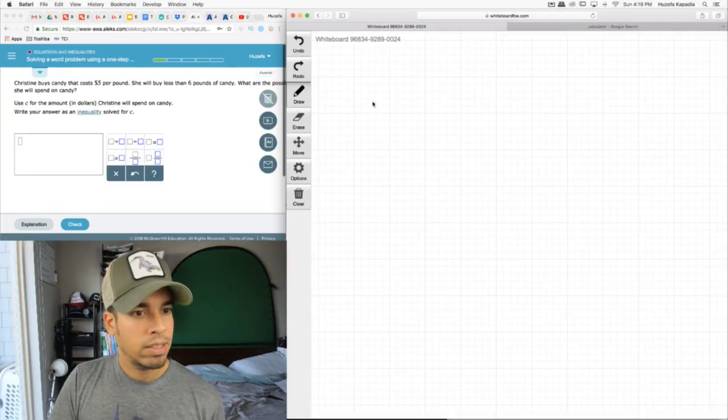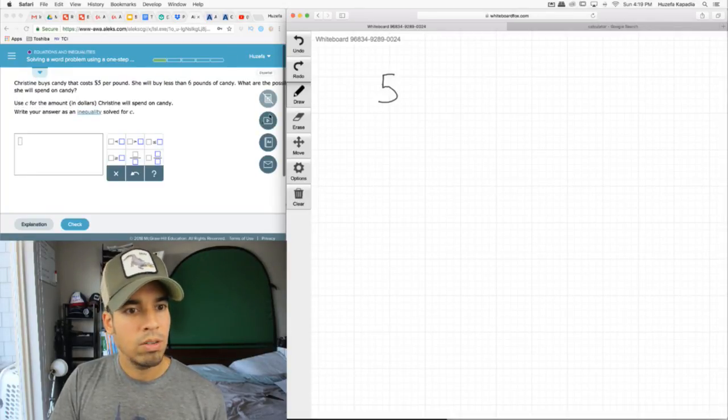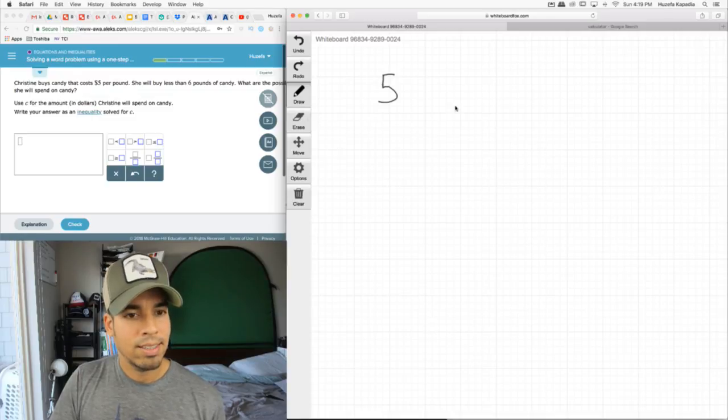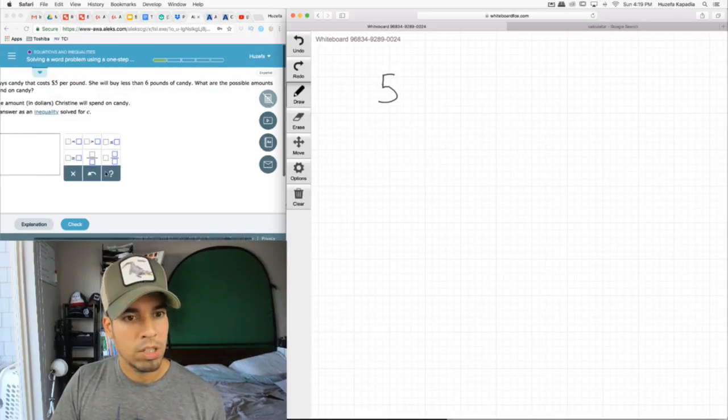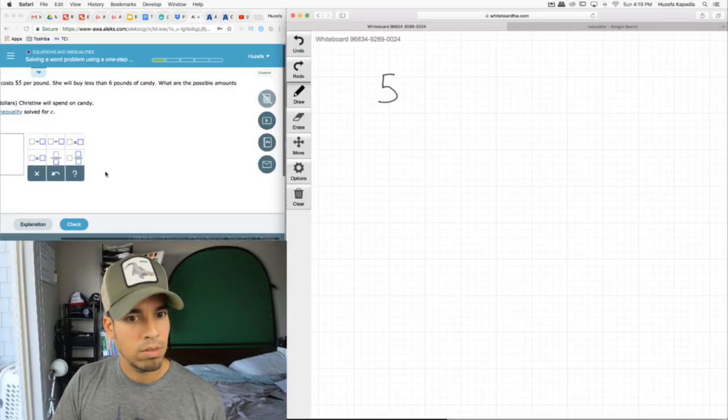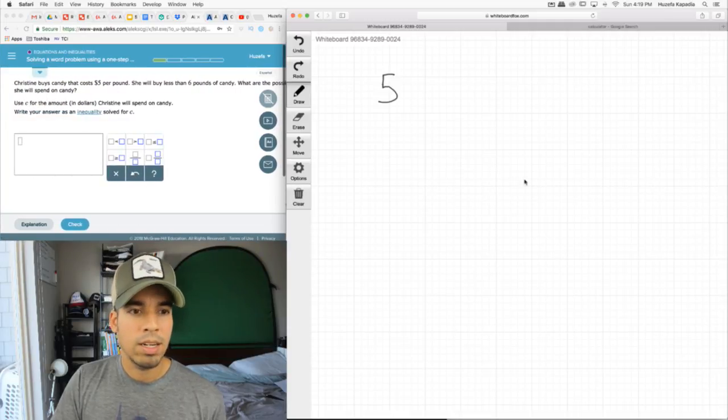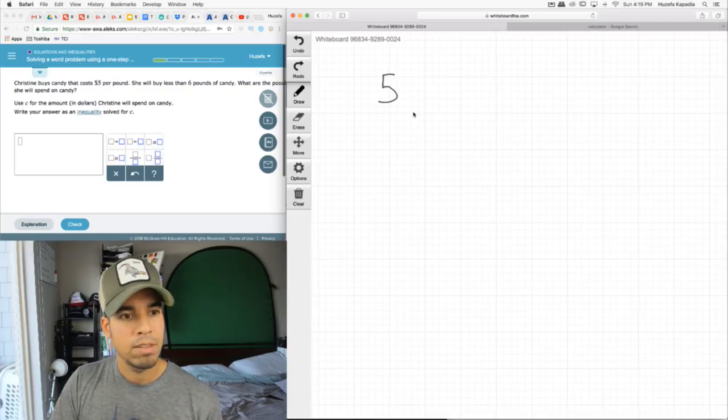So Christine buys candy that costs $5 per pound. She will buy less than 6 pounds of candy. What are the possible amounts she will spend on candy? Okay. And use C for amount in dollars.